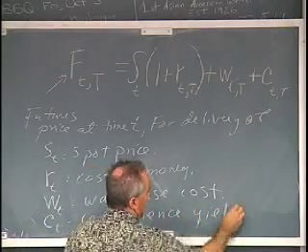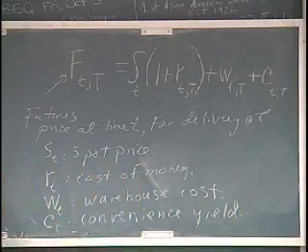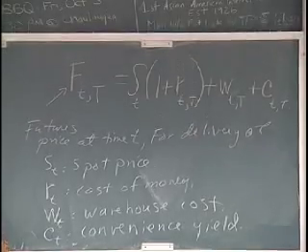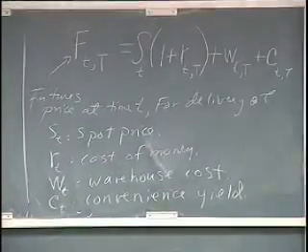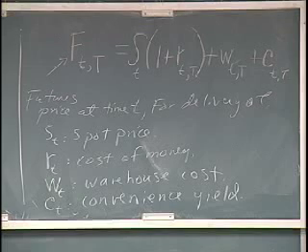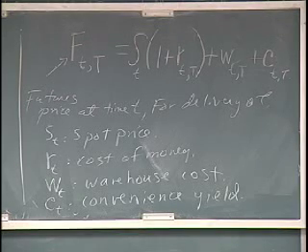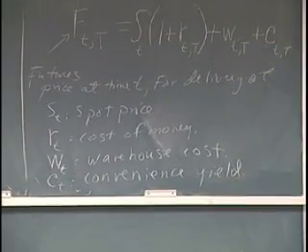Convenience yield is actually a negative cost. The convenience yield is a return associated with holding the physical inventory. It's a negative cost, and I'll come back to that in a second.